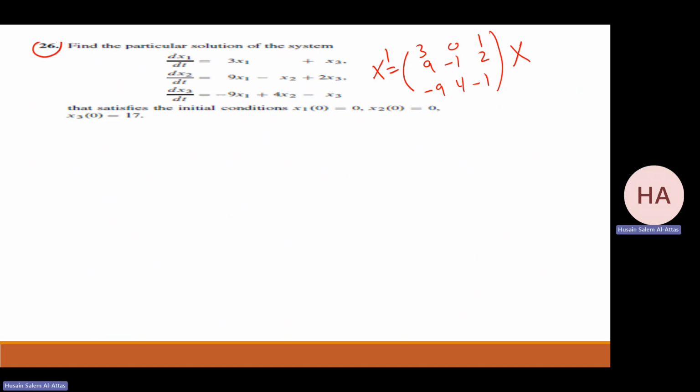And I have the initial condition x at 0 equals 0, 0, 17. I'll try to do as much as I can.